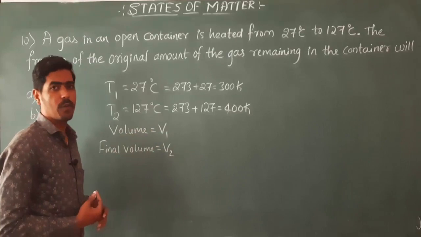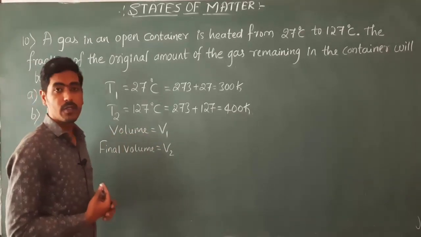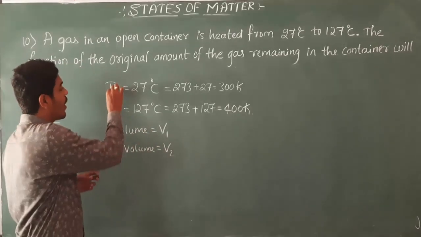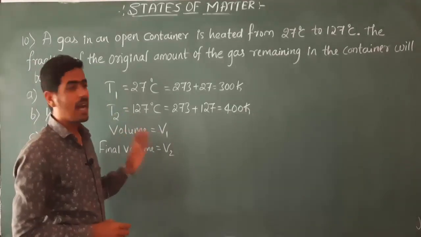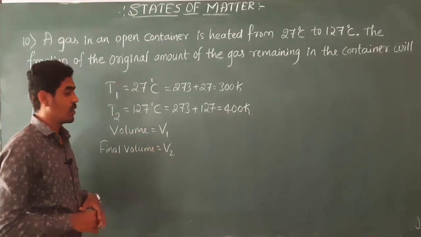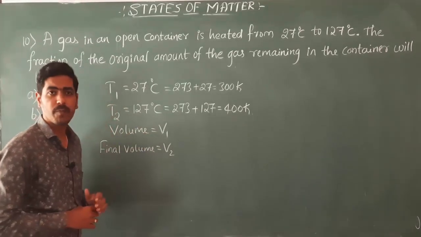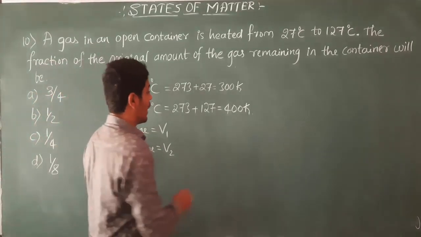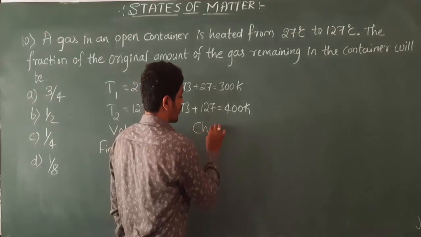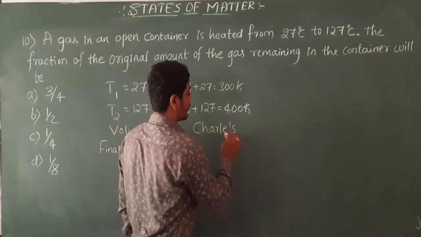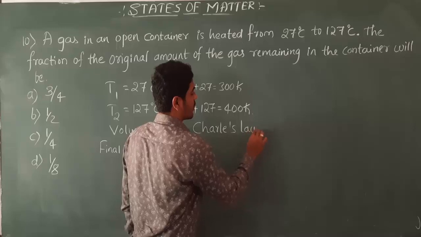Now use the formula. Which formula will you use here? See, they have given temperature and they asked you to find the volume. Now the relation between volume and temperature will be explained with the help of Charles law. Which law explains this? Charles law explains it.